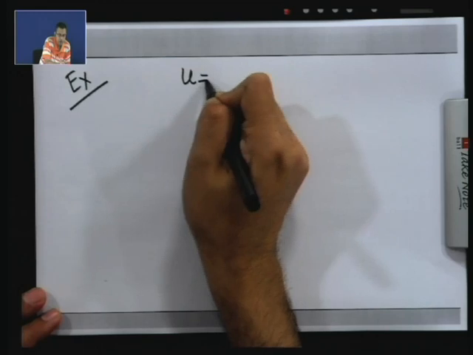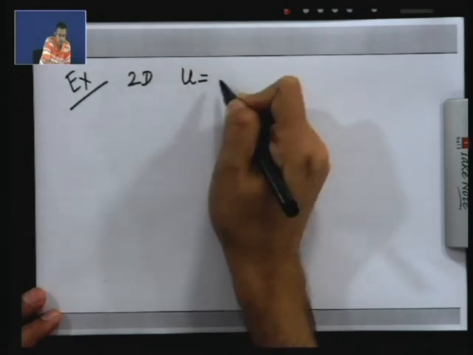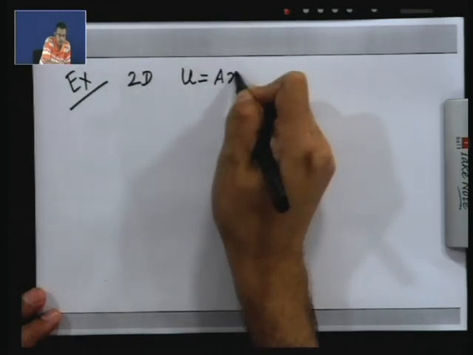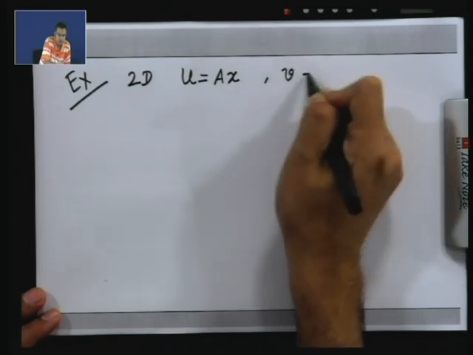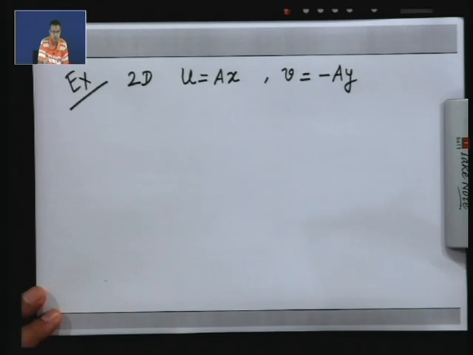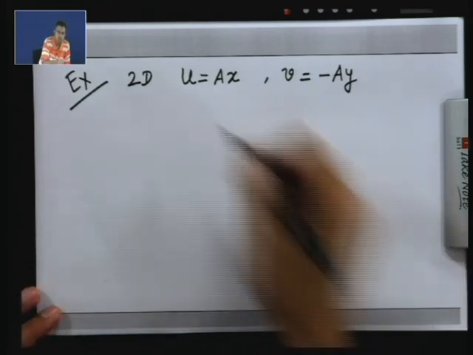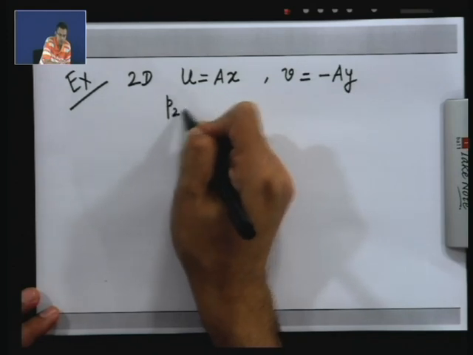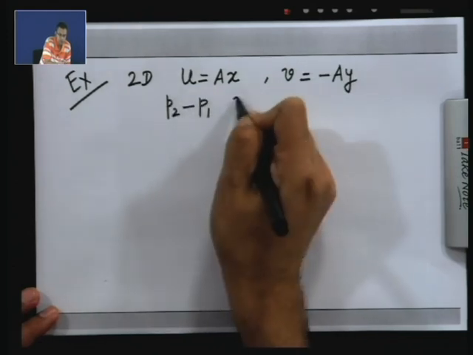Let us say you have a 2-dimensional velocity field, u is equal to ax and v is equal to minus ay. Calculate the pressure difference between 2 points in this flow field, P2 minus P1.